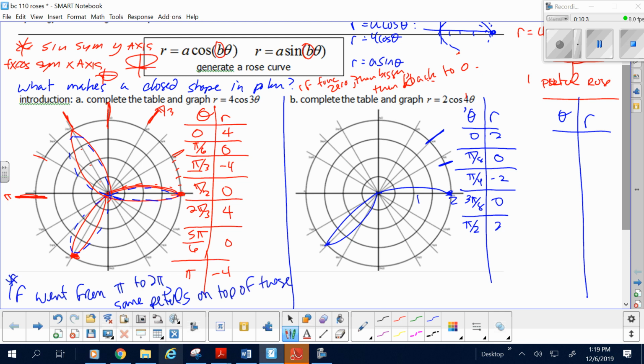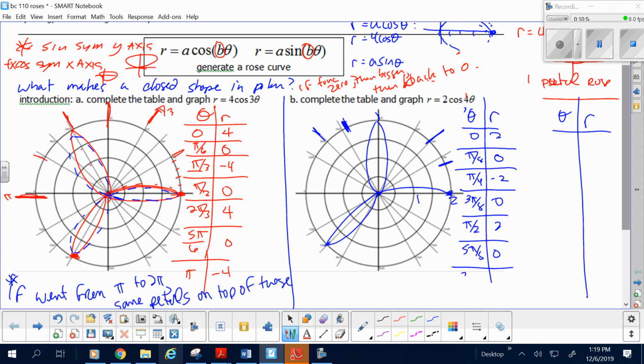2. So we're going to face pi over 2 and go forward 2. At 5 pi over 8, which is here, just before that pi over 3 mark, what's r? 0. So back to the origin.